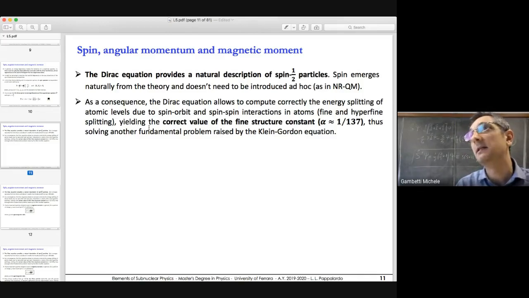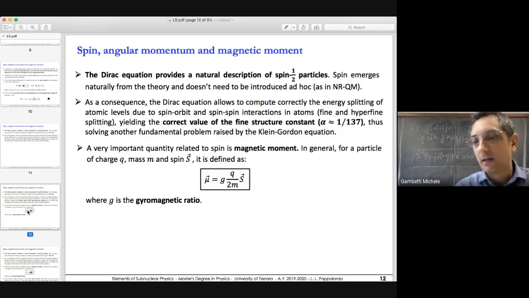And this in fact yields the correct value of the fine structure constant, alpha, 1/137, okay? And this was, if you remember, one of the three main problems of the Klein-Gordon equation. So the Dirac equation also solves this problem. So it corresponds to the correct experimental value of the fine structure constant. That's, of course, a very nice feature.